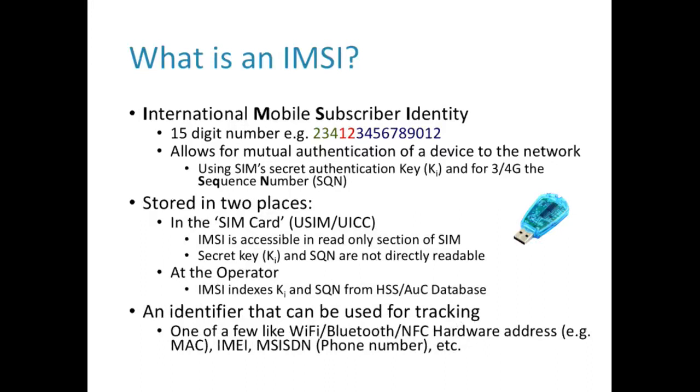Then it basically allows for the authentication of a device to the network. It's the identifier. It's like your username in a way. That then allows the phone and the operator's databases to index your secret key, which they both have a copy of, and then do this network authentication procedure.